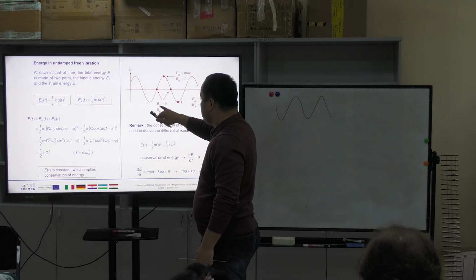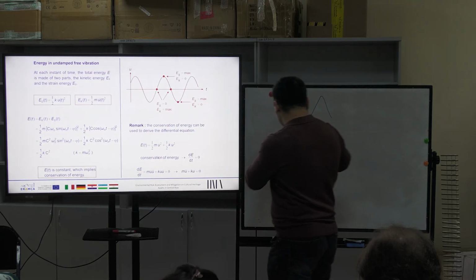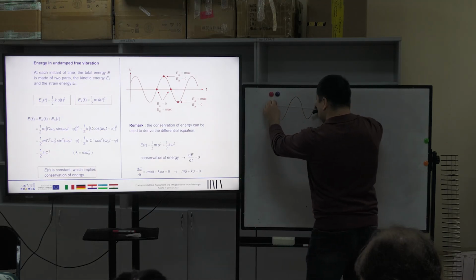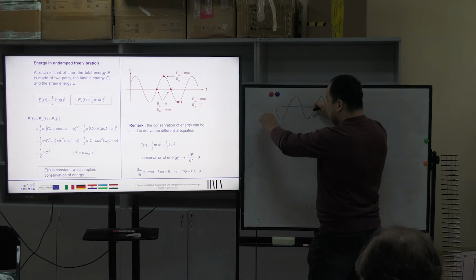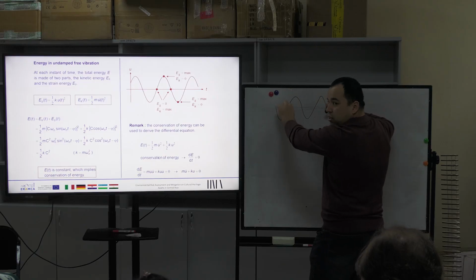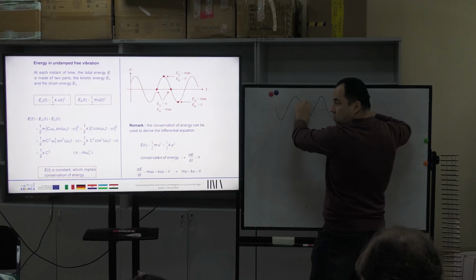So now, in this case, if I have it like this, there is no potential energy. It's stopping. When it's in action, like this, there is no potential energy. It's 0, but it's moving. It has inertia, mass and some speed.